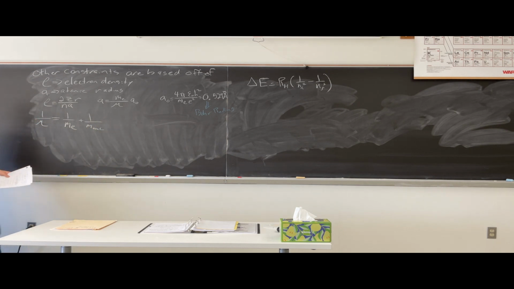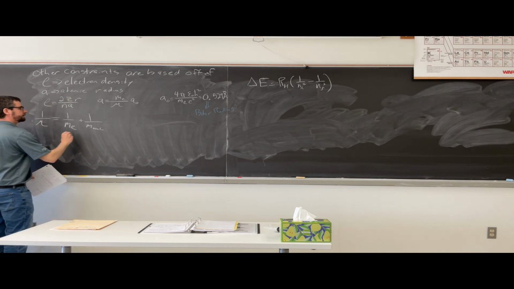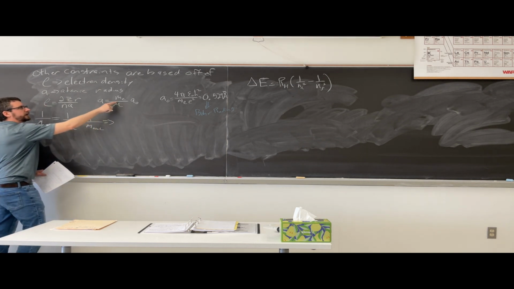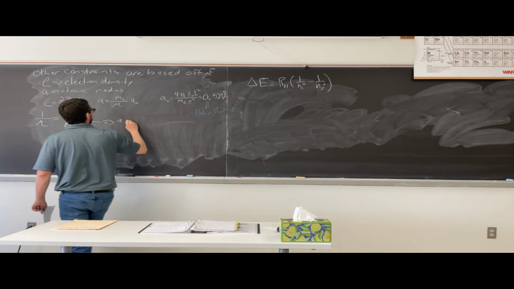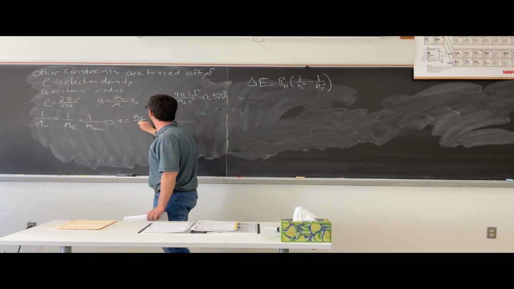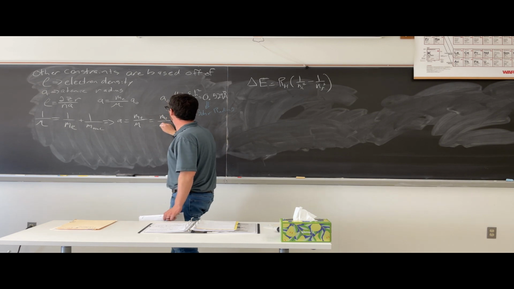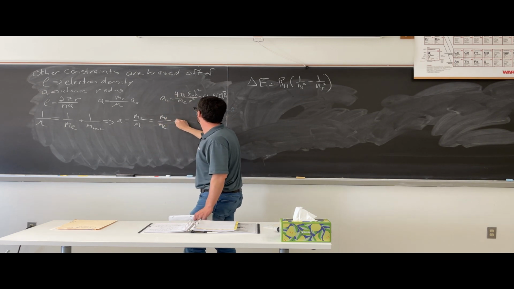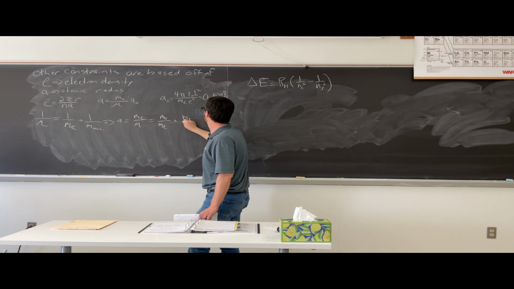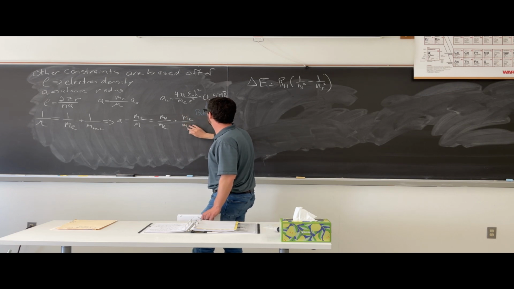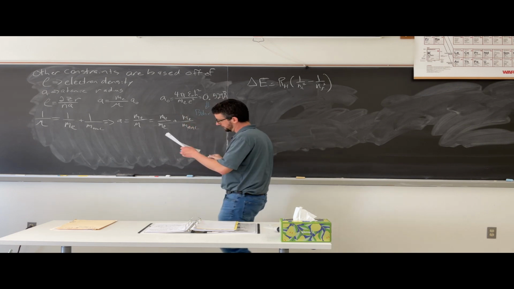In this case, the nucleus is the mass of a proton, right? So then, if we look at this expression, a is equal to the mass of the electron over mu. You get the mass of the electron over the mass of the electron plus the nucleus.